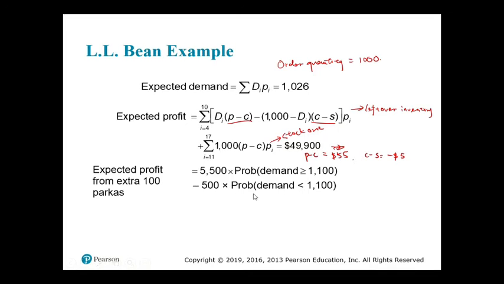In the other case, if demand turns out to be less than what I order, then I'm going to incur a cost, $5 per unit times 100 units. And so this is going to be my loss if this happens.